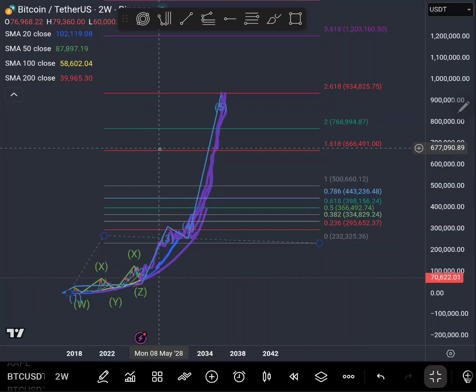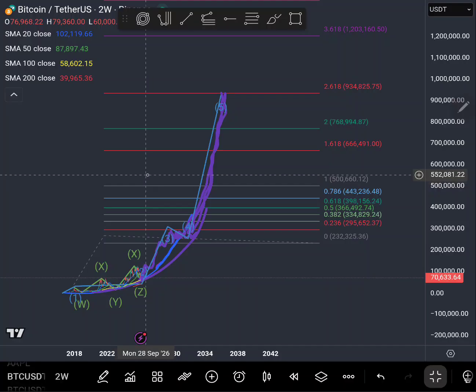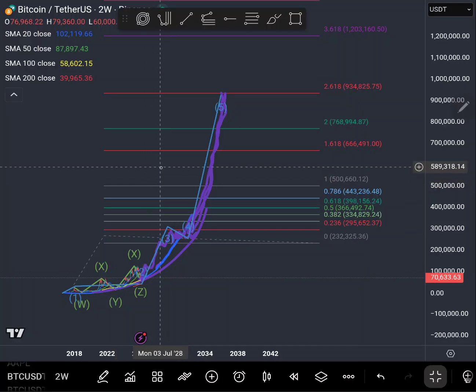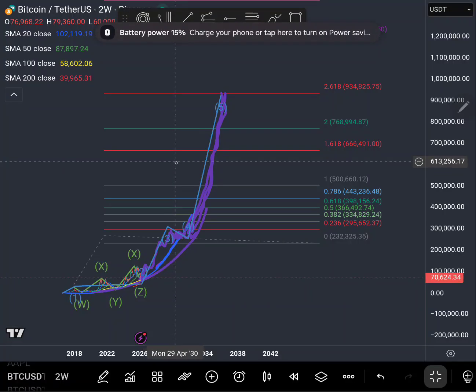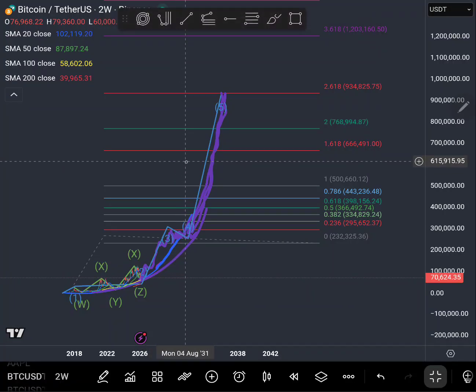Well, I think it's going to be over the next couple of years. It's 2026 right now, going into 2028, 2029, 2030.